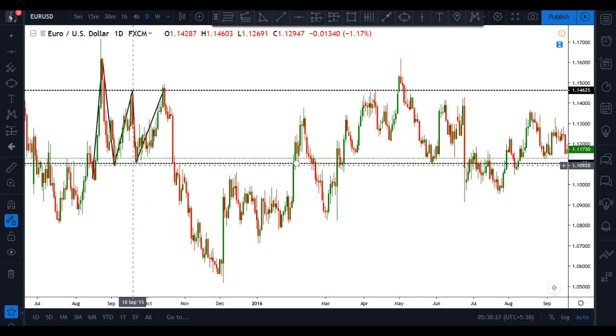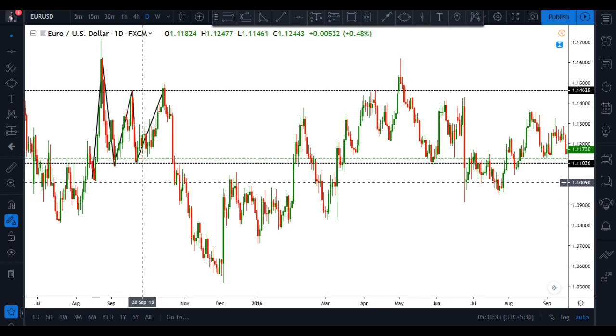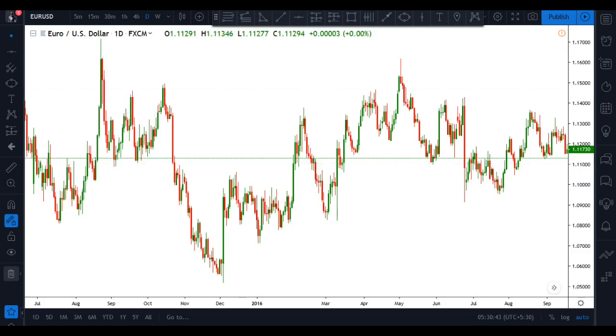So how do we identify a resistance level or a support level? It's easy. Here's the way I find what is support and what is resistance. You can see this green line, that is the current trading price on the market.